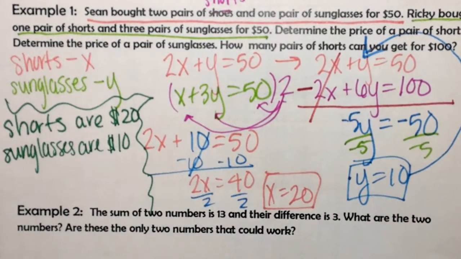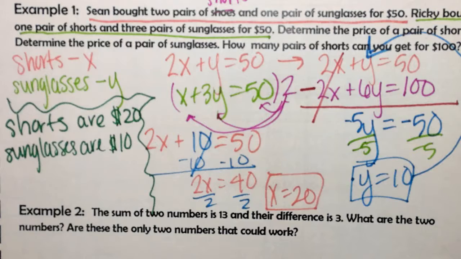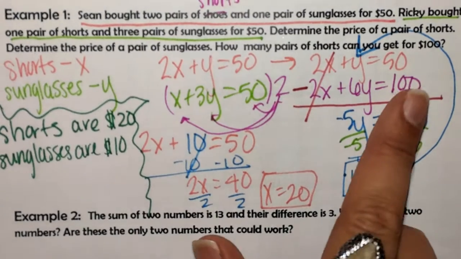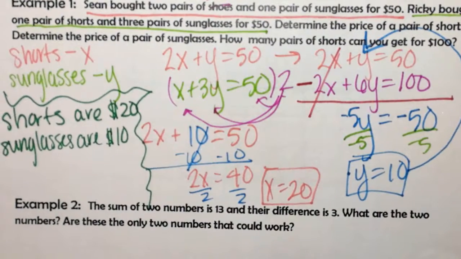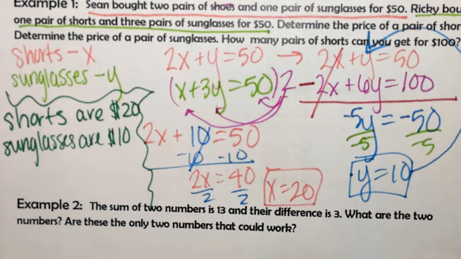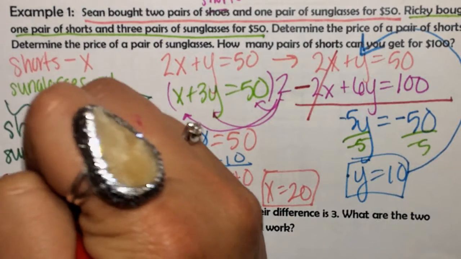Have we answered everything? Go back and read the problem. Make sure we've answered everything. How many pairs of shorts can you get for $100? How do you know that, Troy? And how'd you get that? So you would get 5 pairs for 100?